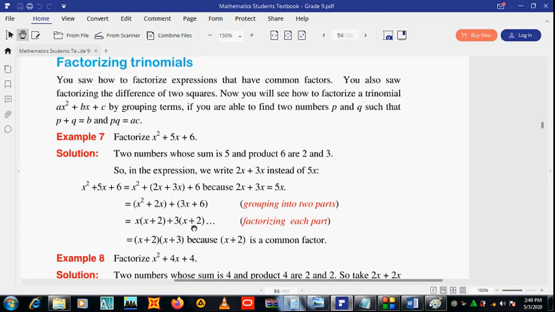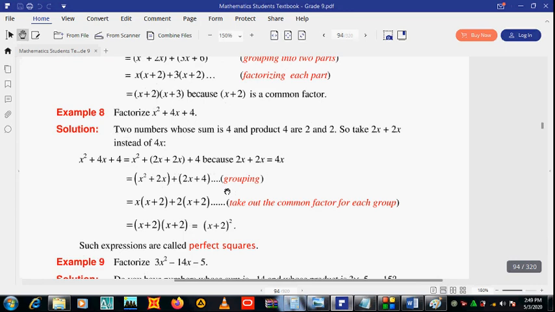Then 3 times (x plus 2). Factorize each part. Then (x plus 2)(x plus 3), because x plus 2 is a common factor. This is the final factorization. Thank you very much.